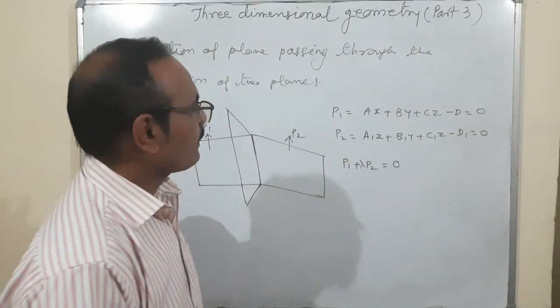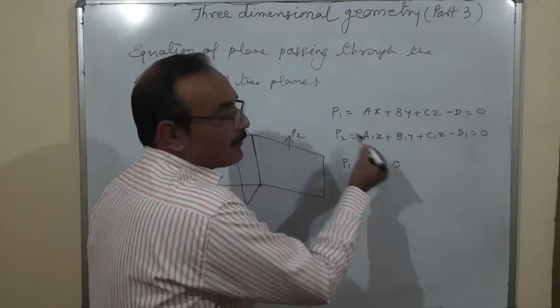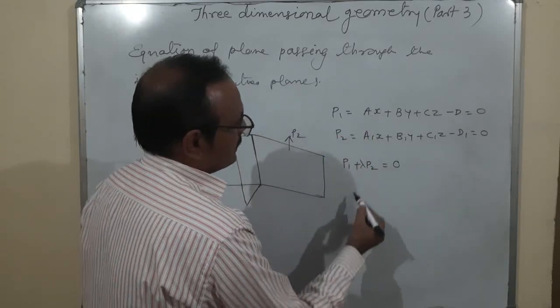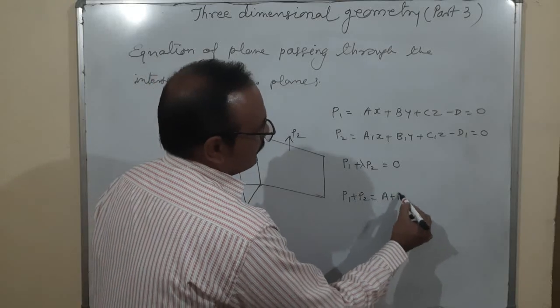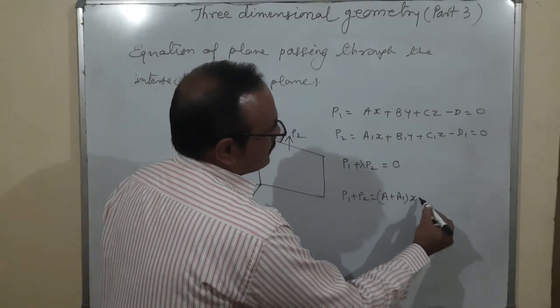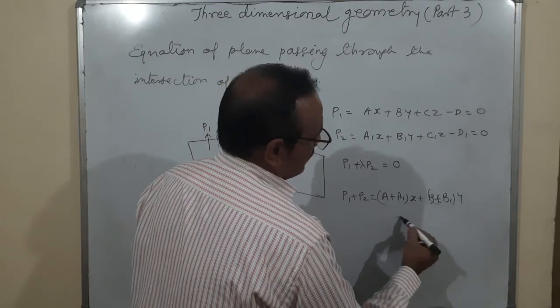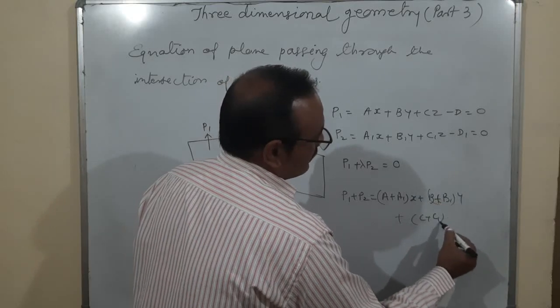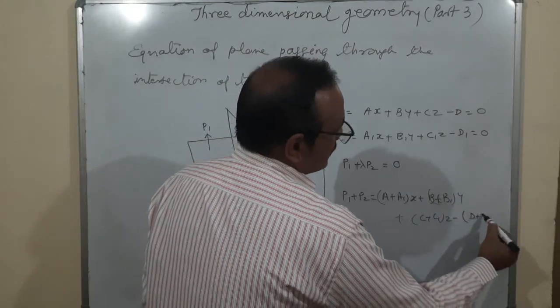Then it is okay. Because when we add, P1 plus P2 is what? A plus A1 into X plus B plus B1 into Y plus C plus C1 into Z and minus D plus D1.